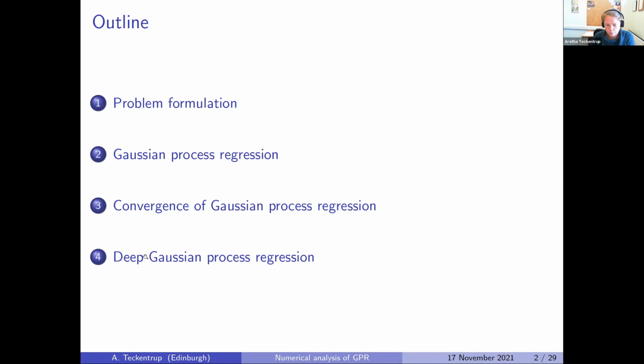And then I'm going to talk about some of the properties of Gaussian process regression, in particular how you can get some convergence estimates, or in particular as the amount of training data that you have goes to infinity, what you can say about the process. And then I'm going to be talking a bit about deep Gaussian processes in the last part. So again, how you can use some tools from applied mathematics to get some insight into these deep Gaussian process constructions and how they work.